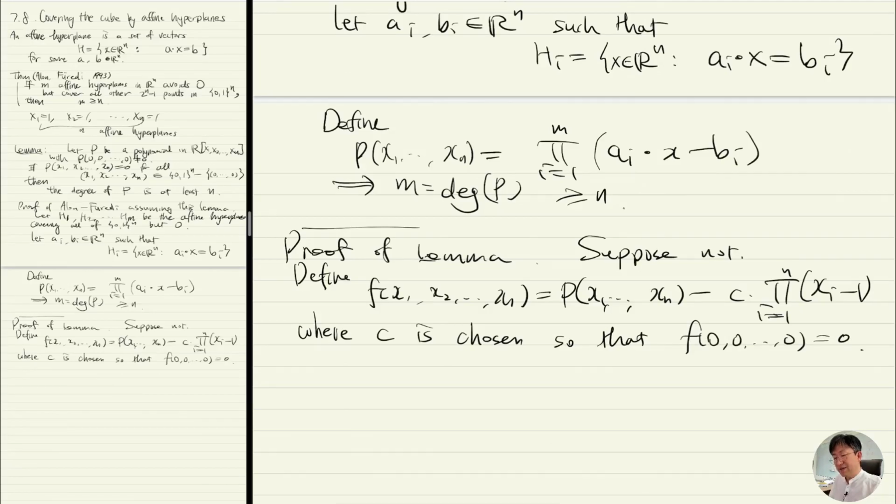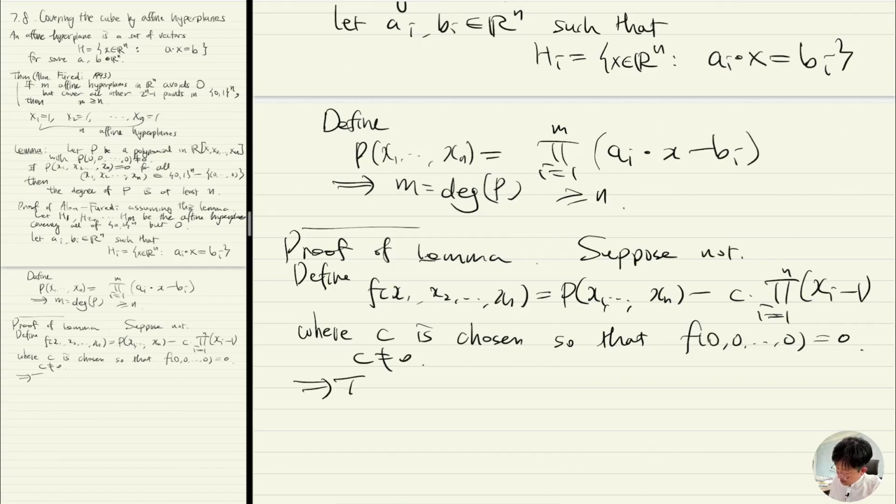We can choose that because when the xi's are 0, P is non-zero, so we can choose c to be that number divided by the product when the xi's are 0. And c is non-zero, right?